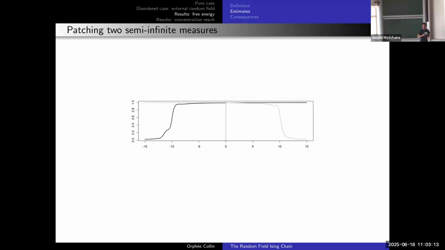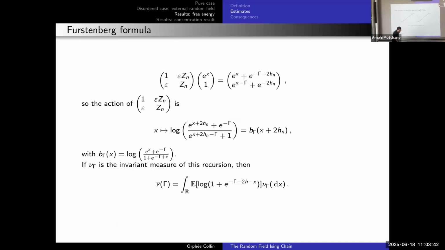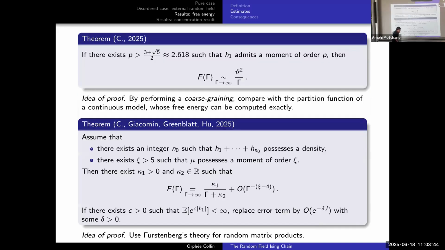And to control this, we use, it's quite long, but we use renewal theory, the renewal theorem, and to use the renewal theorem, we need some moments. So the precision of how we control the flatness here then has an impact on the precision of our estimation here.